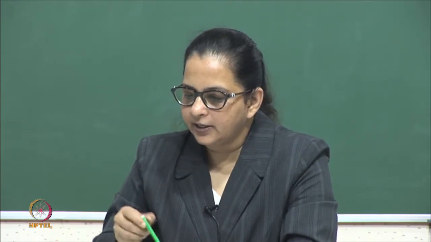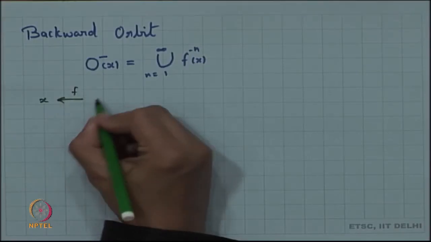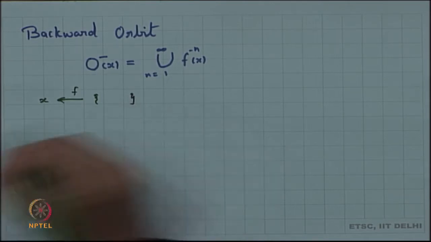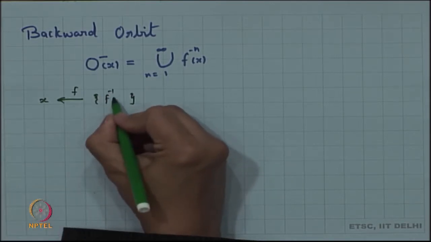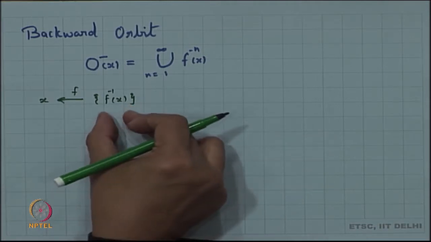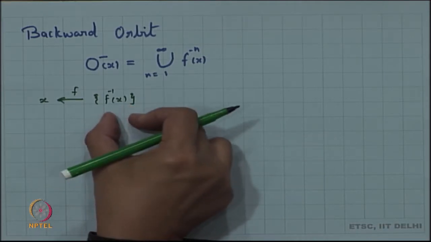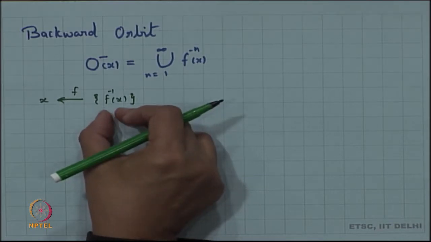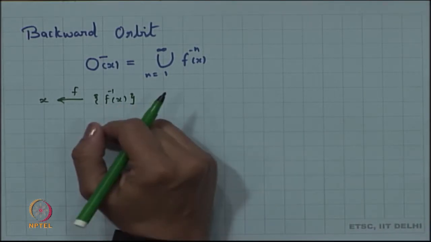One can think of it like this: you have an x here, and there is a set mapped to x under f, and this is our set f inverse x. You have a lot of points in f inverse x, and each of these points will be mapped to by some points in X which f maps to all these points.